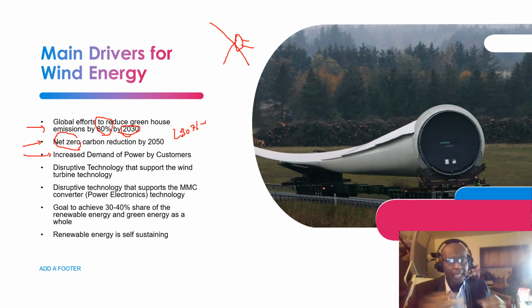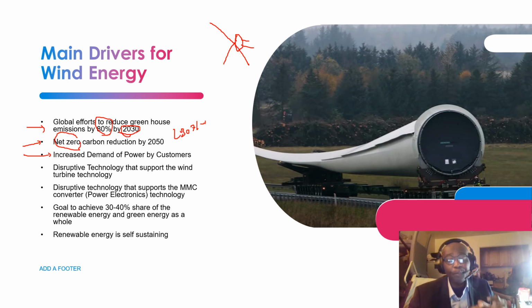Next is increased demand of power by customers. There is a lot of industrialization and need for electric power, with many technologies and industries springing up, and also many city loads springing up due to increase in population. Because of this increased demand, building traditional power plants takes a longer period of time, and the other constraining factor is the need to reduce carbon dioxide by the year 2030 and by the year 2050.